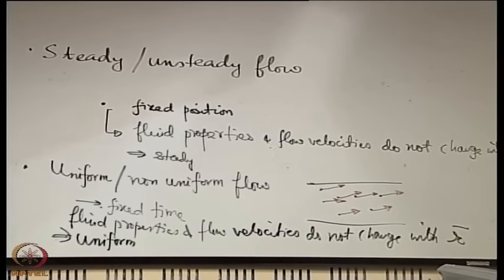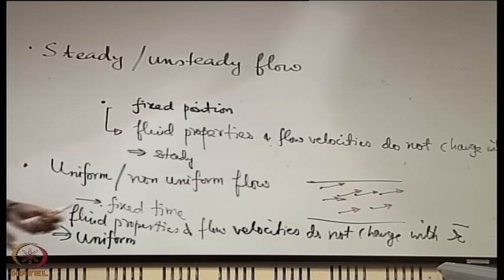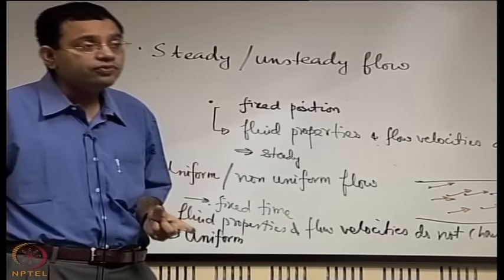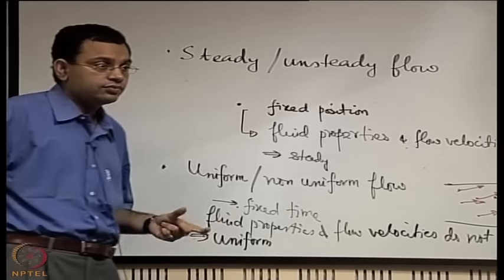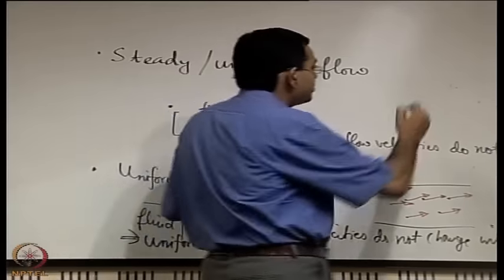So the distinction between steadiness and uniformity is quite clear. Let us ask ourselves certain questions related to this. If the flow is steady, could it be non-uniform? That is very much possible.